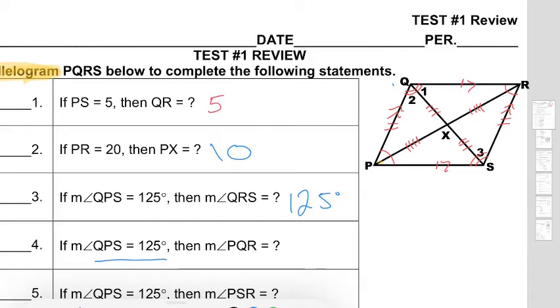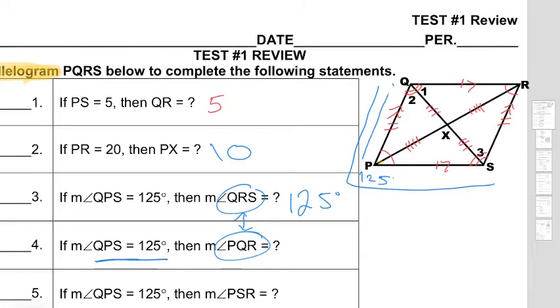Question number 4. So if angle QPS is 125, then you gotta be careful, these are different. Now it's telling you PQR. So one thing we have to remember is now they're asking about information for this angle and this angle, which, remember, they are supplementary.